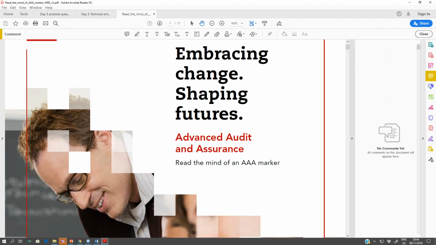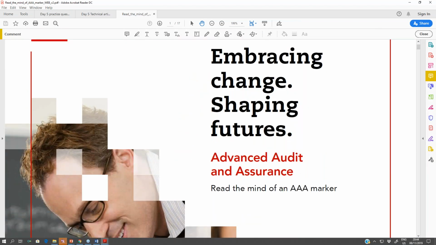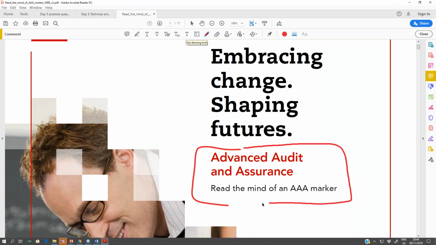I would prefer that you go through this handout and try to read what your marker is trying to tell you. Your marker is trying to tell you when the marker gives you 0 marks, when the marker gives you 0.5 marks, when the marker gives you 1 mark.